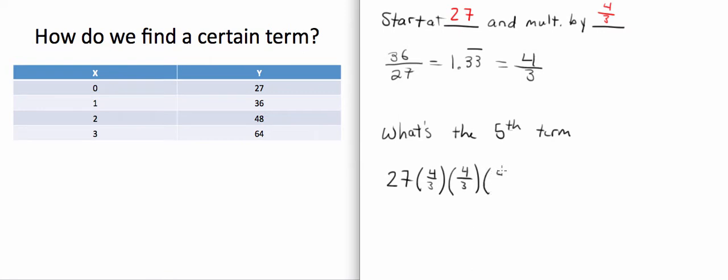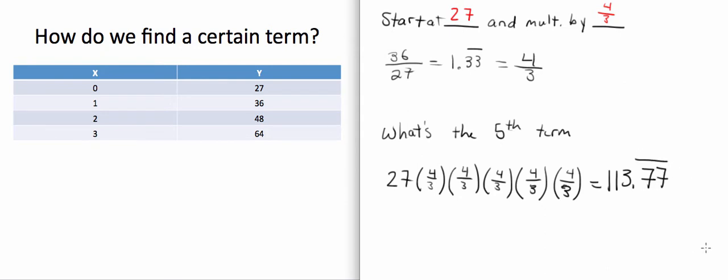We multiply it again for term 3, again for term 4, and again for term 5. So to find the fifth term, we would type all of this into our calculator, and we'd end up with an answer of 113.77 repeating.